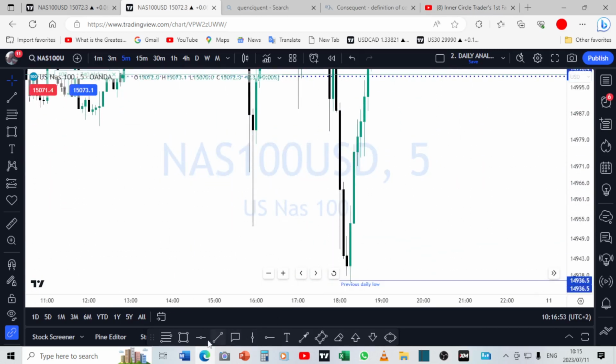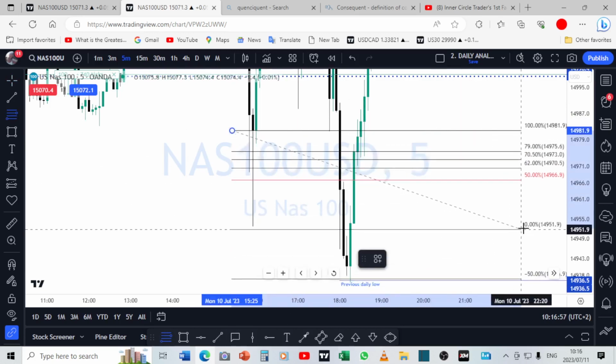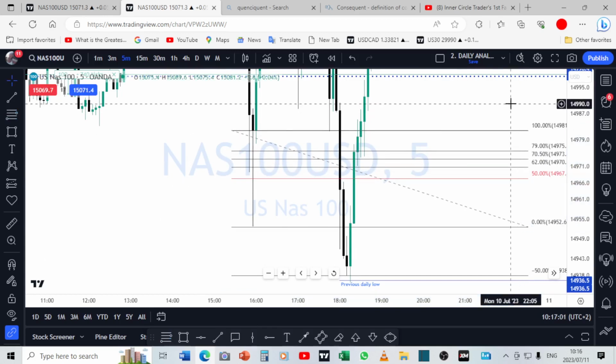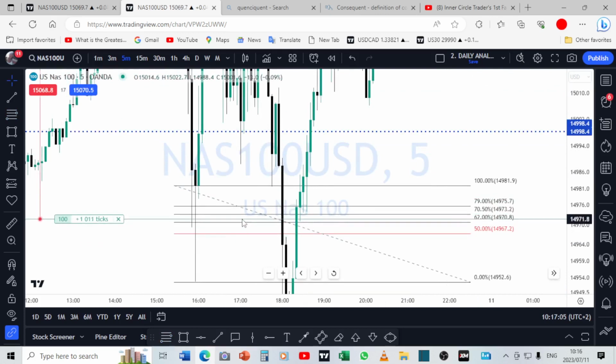Comparing this fair value gap with this week. Okay. So this is where the ultimate TP should be. If it's 75, it's somewhere around here. Let's put 70.